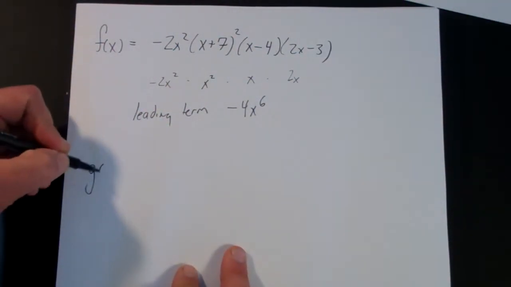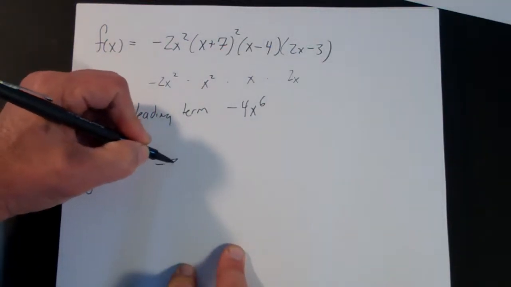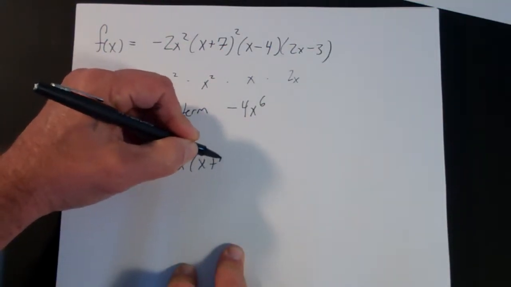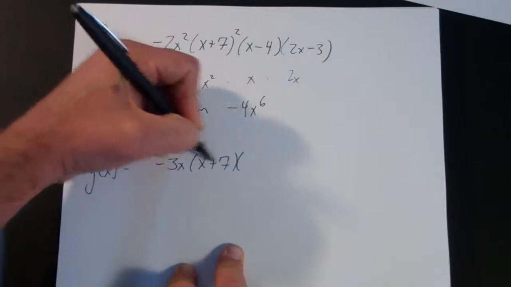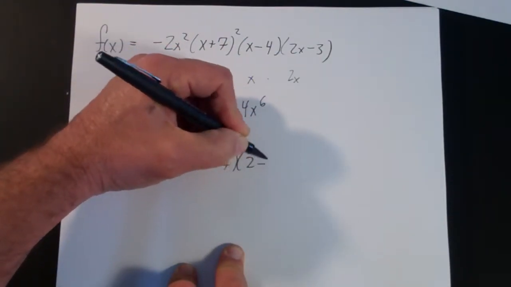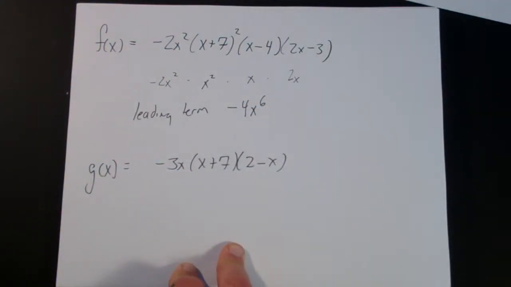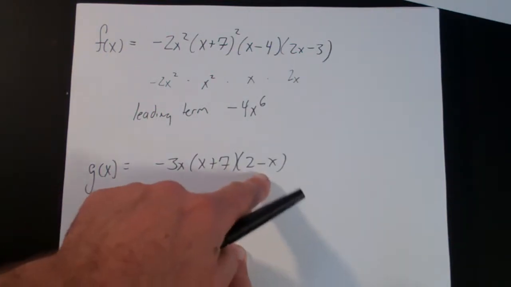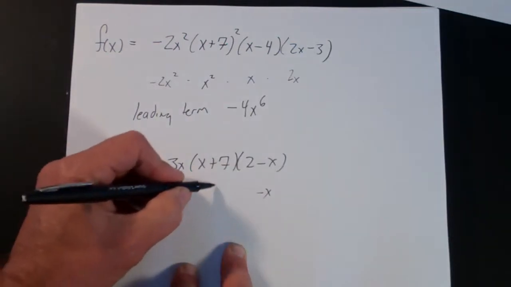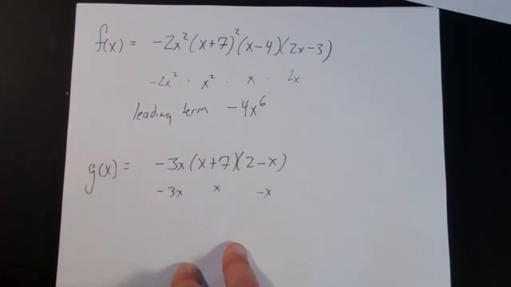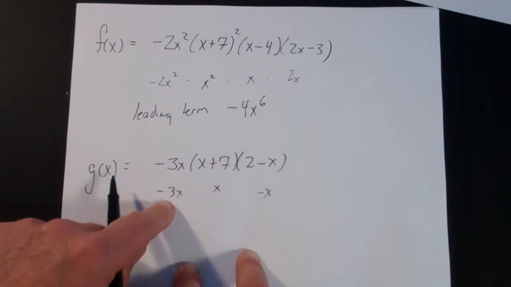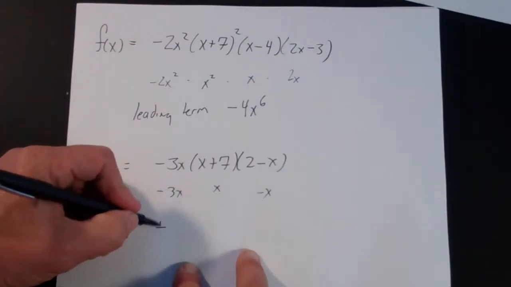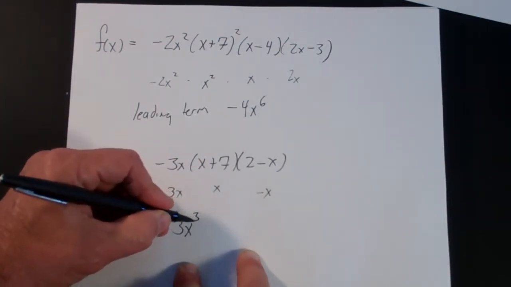Let's do one more example like that. Here the highest power terms are a negative x, an x, and a minus 3x. So that's negative, well actually this is a positive 3x^3. Why is that?